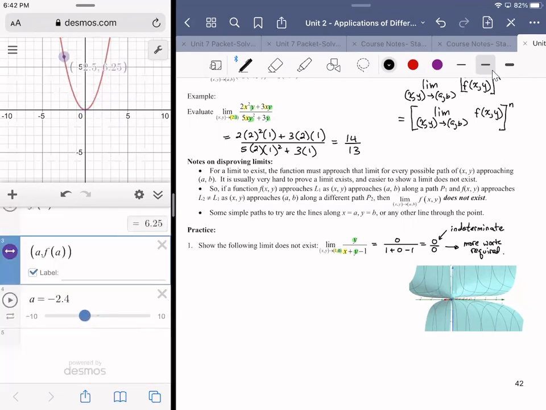So I can slide my point along. If I want to approach x equals 0 from the left, pretty easy to see where I'm going. I'm going to a y value of 0. If I want to do it from the right, same idea. It's pretty easy to see where I'm going.